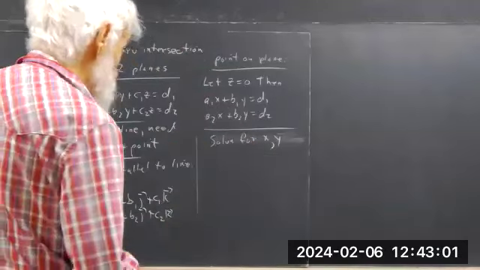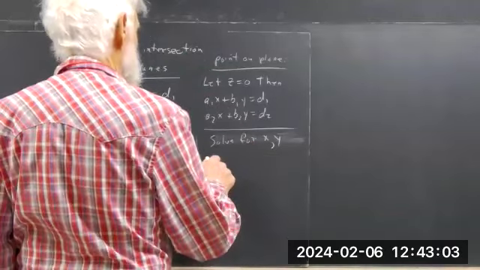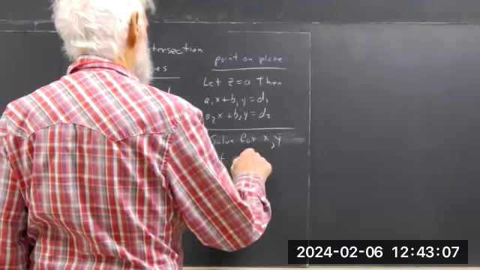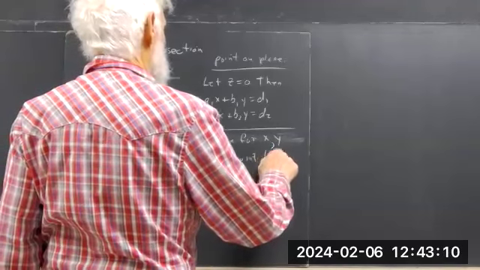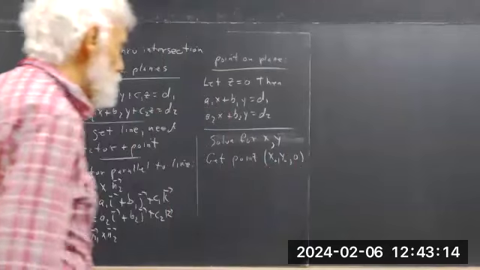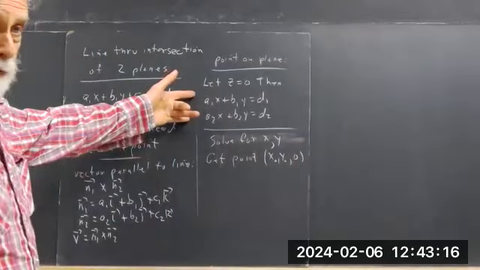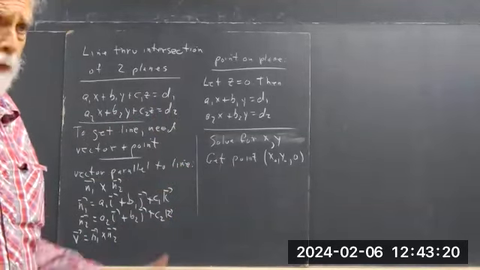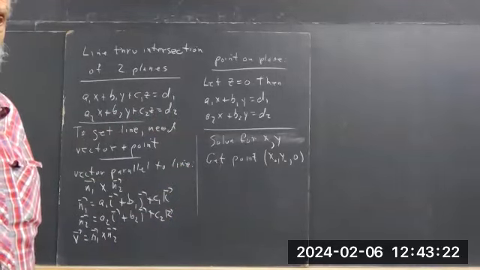Okay, so we solve for X and Y and get a point which we'll call X naught, Y naught, 0. So this is a system of simultaneous equations; solve for the point. Have we gotten into simultaneous equations yet in linear algebra?